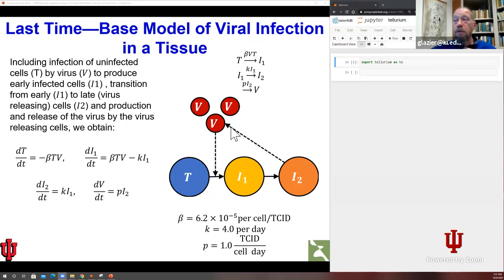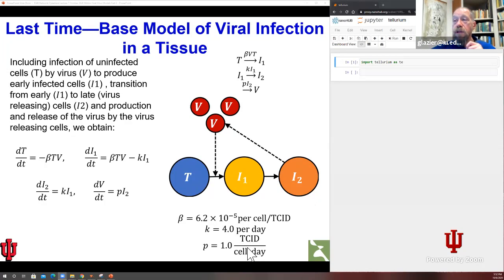And we guessed some numbers. The beta we pulled from Amber's paper originally for influenza. The rate at which the I1 cells became I2 cells is 4 per day. Came about from that slope that we saw for the lag phase that we saw in the experimental data.